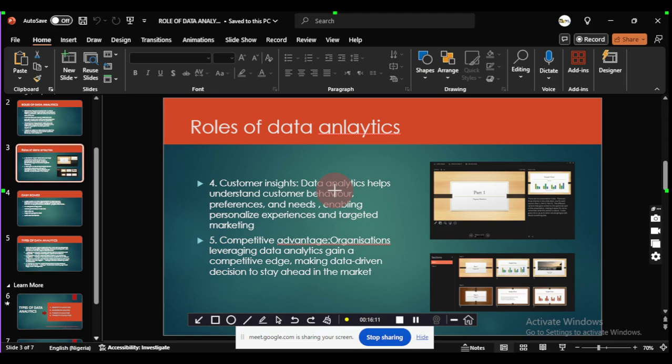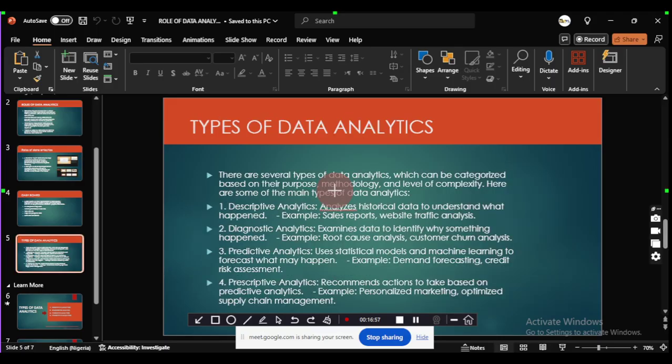Are we making profit? Let's see. That one, descriptive, is just telling us what. For example, let me show you one of the dashboards I have here. Look at this. This is a bike dashboard.